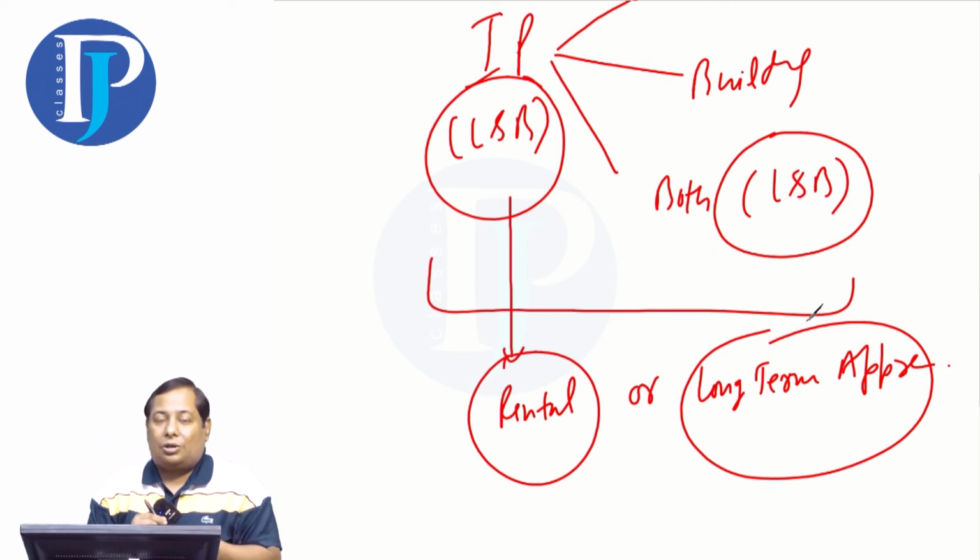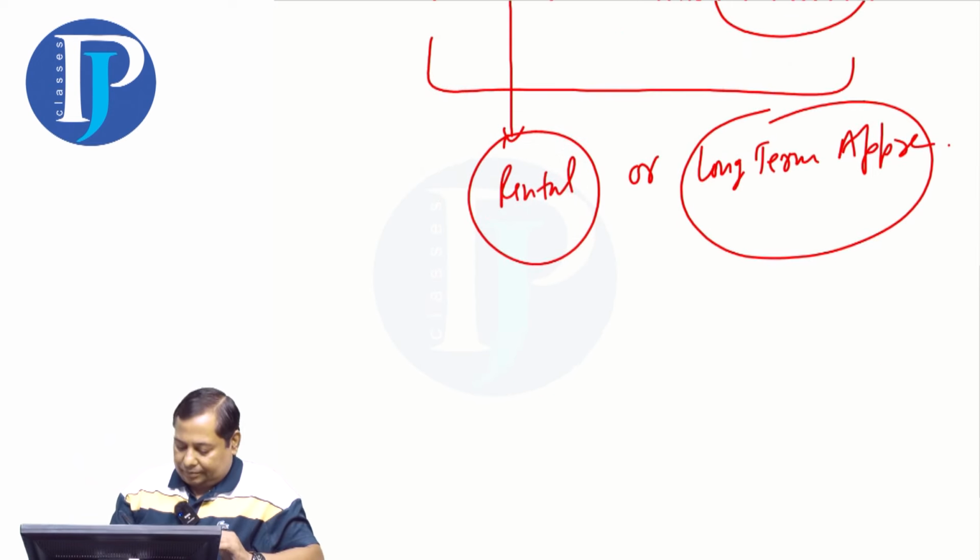Now I will start with an example. It's not fun like this. For example, there is a company X Limited. This company has a shop in a commercial area. For example, suppose my company is called Parveen Jindal Classes Private Limited.